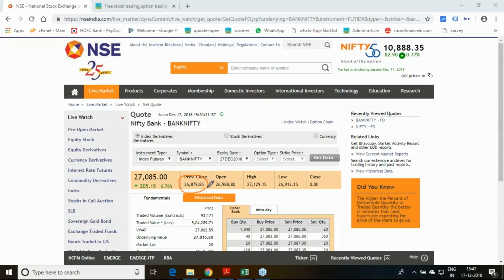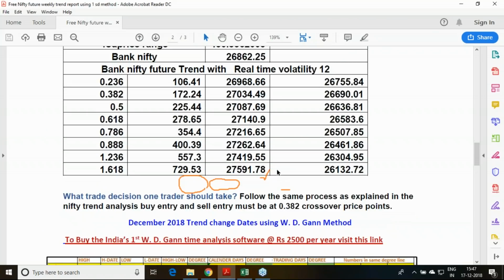So the previous close was 26,879.85, we opened at 26,988.80, and the high it has given is 27,129, low 26,912. So if I go back to the calculations of the report, 27,035.34 was the level where we should enter the buy trade, and 26,690 where we should enter the sell trade.